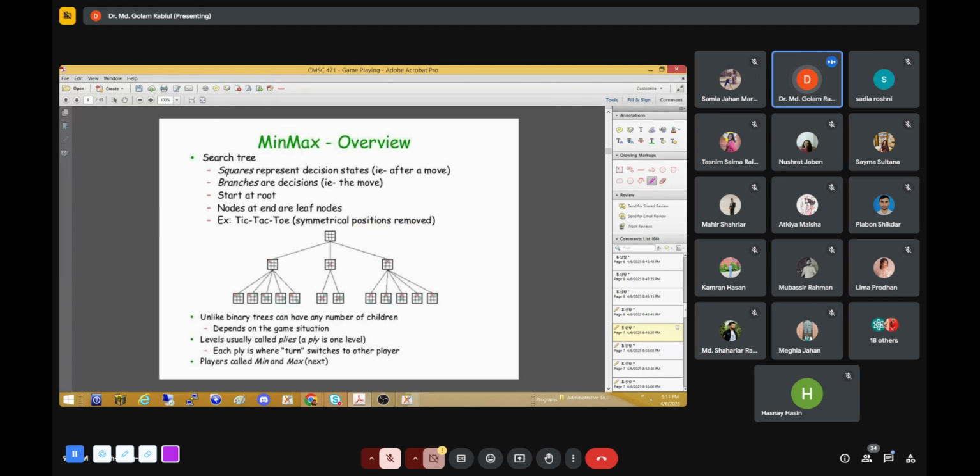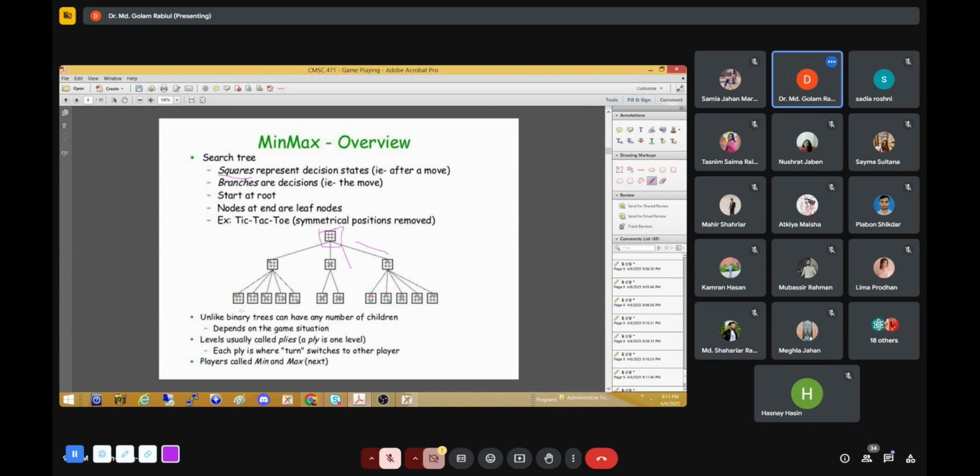In that case, a square represents the decision states. So this is a state, this is another state, and this is another state. And branches are the decisions, that is the moves. Maybe I can move from here to here. So this is a move, this is another move. So the branches are the moves, and we start at the root. And nodes at the end are the leaf nodes.